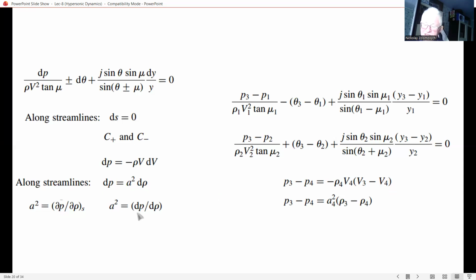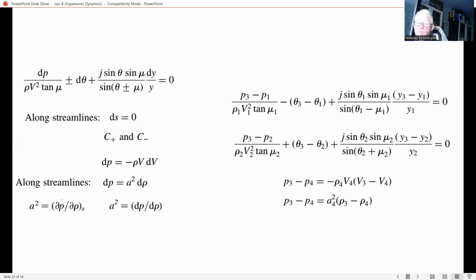And the equation about the speed of sound, written along the streamline, gives the expression P3 minus P4 equals a squared at point 4 times, in parentheses, rho 3 minus rho 4. Okay? So all these are the equations. These are all conditions at points 1, 2, and 4, and all these conditions are known.